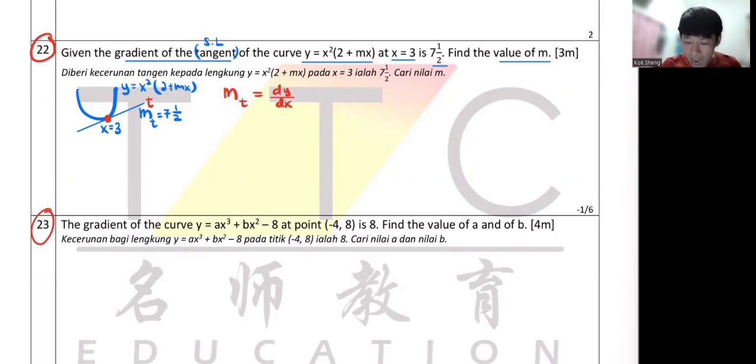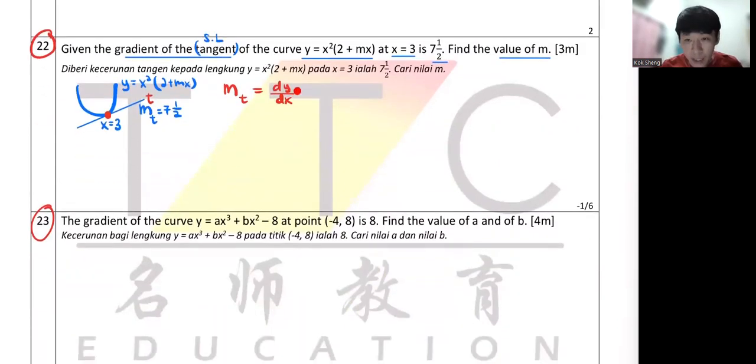So which means that dy dx is you differentiate the curve. You can see the y and x here, these two unknowns. So you differentiate the curve, you get dy over dx. So you differentiate the curve, you will get the gradient of the tangent.